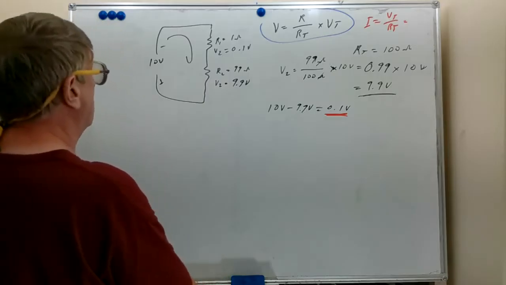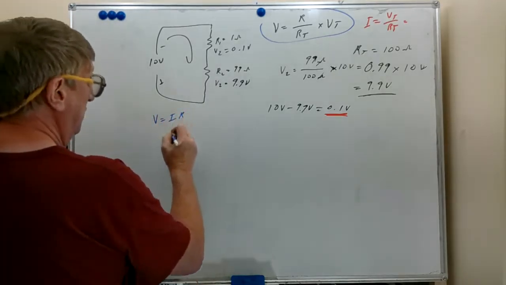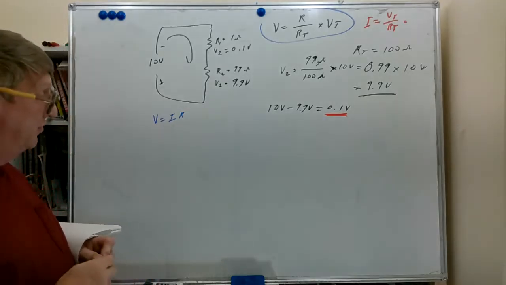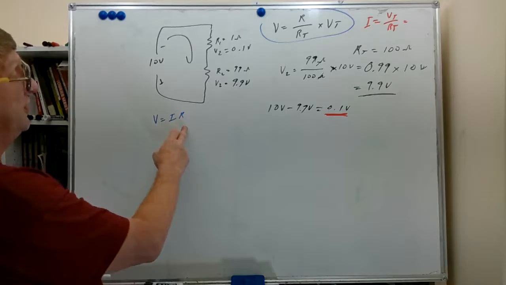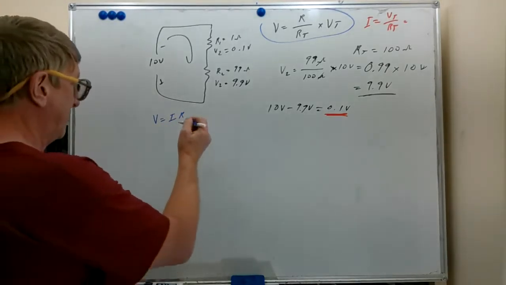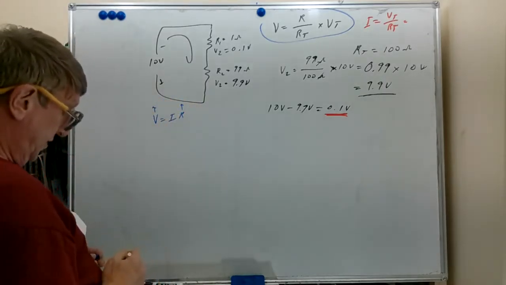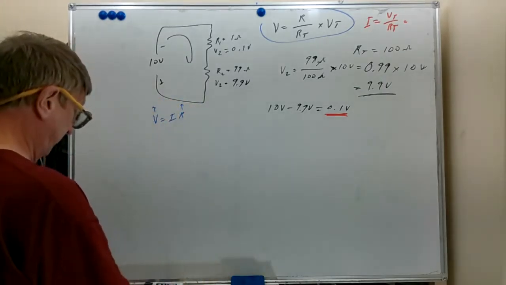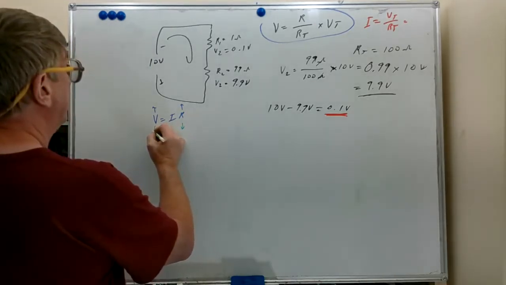And that is because voltage equals IR, the formula we've talked about many times. I is always the same, so you can see that the voltages are proportional to the resistances. If we greatly increase the resistance, we're going to increase the voltage, or if we decrease the resistance, we're going to decrease the voltage.